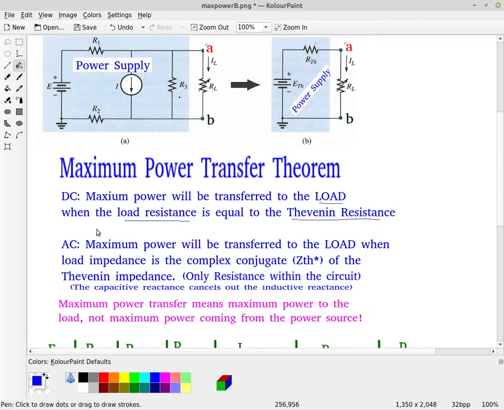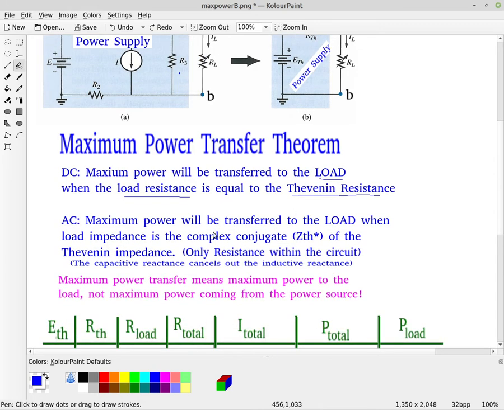It's that easy. Even if you're talking about AC circuits, if all you have is resistors, you have a load resistance and a Thevenin resistance, and you just need to make sure that those resistances are equal.